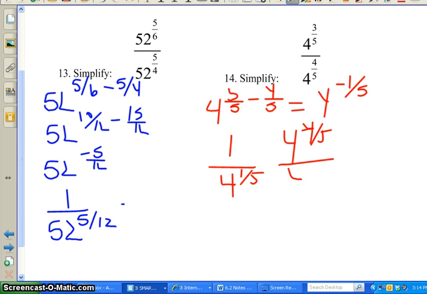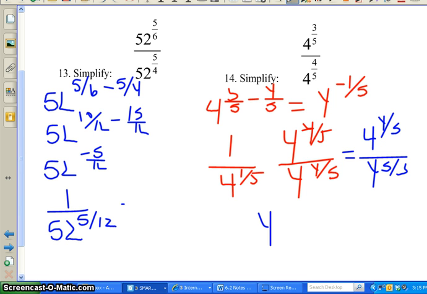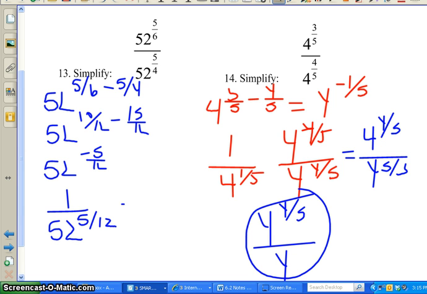And again, I apologize. I do not know why this smartboard is not writing quite as nicely. But you would then end up with 4 to the 4/5 over 4 to the 5/5, which would be 4 to the 4/5 all over 4. And that would be our final answer.